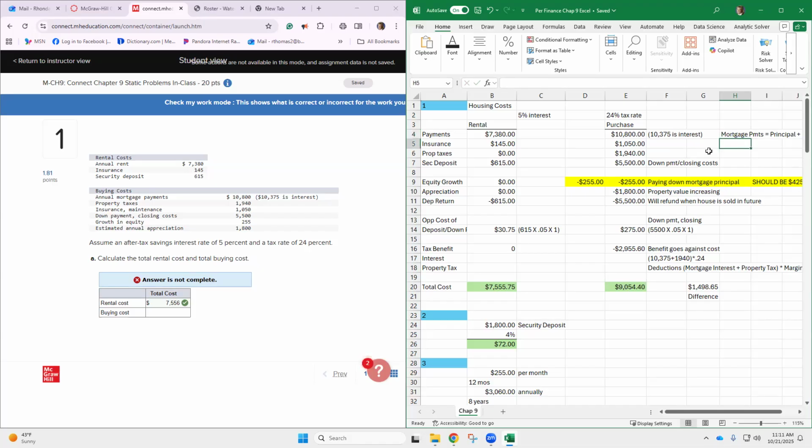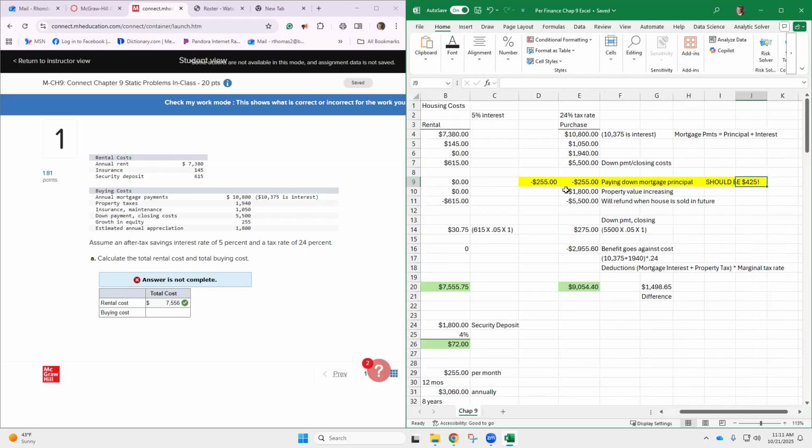And that's why they're saying the difference between these two numbers, which is the $10,800, the difference between it should be 425. This is where I've got this highlighted.